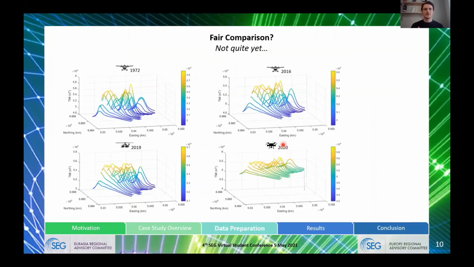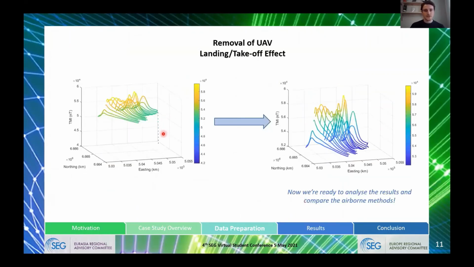But are we ready for a fair comparison between them? Not quite yet. As you can see in the initial plot of the UAV data, we have outliers associated with the landing or takeoff of the drone. By excluding these 10 points, the 3-dimensional plot of the UAV data returns to a scale that's comparable with the other data sets.